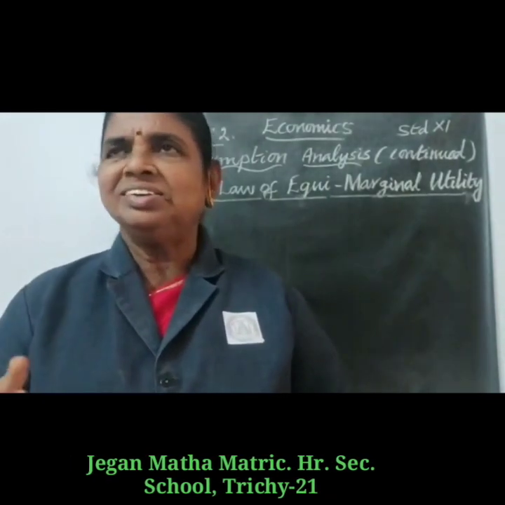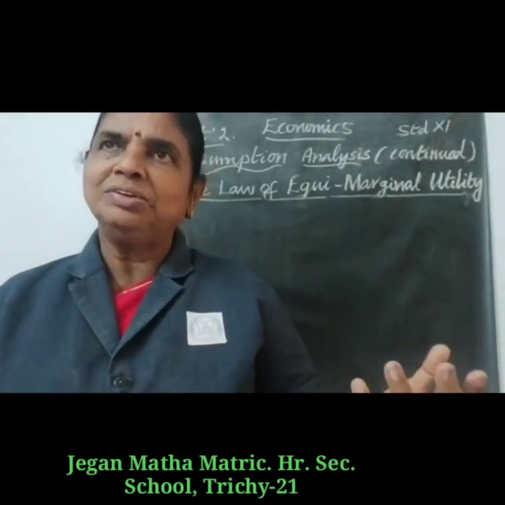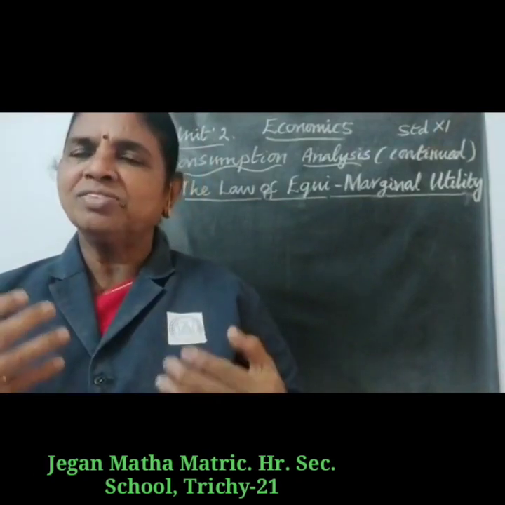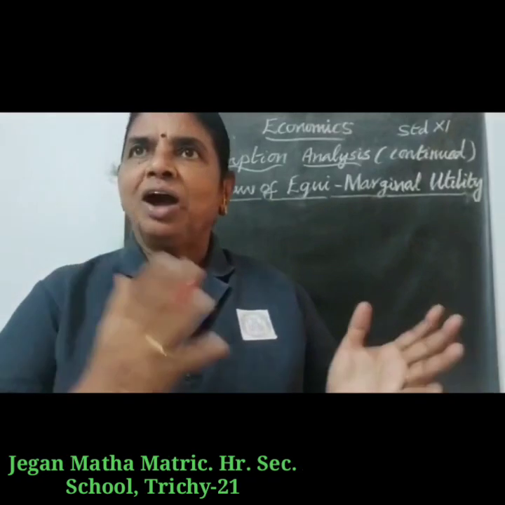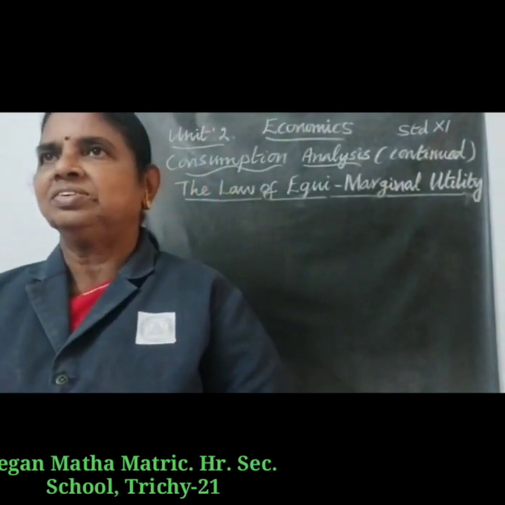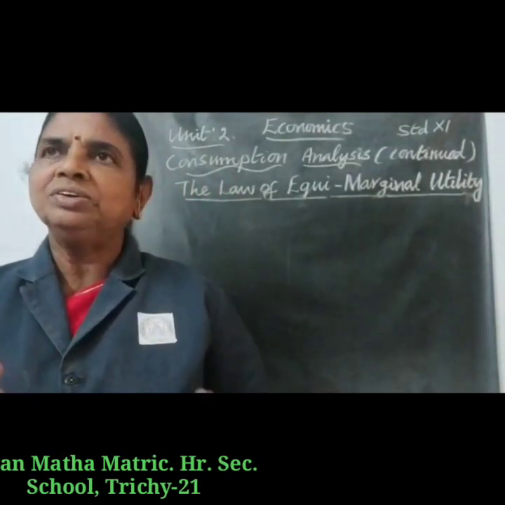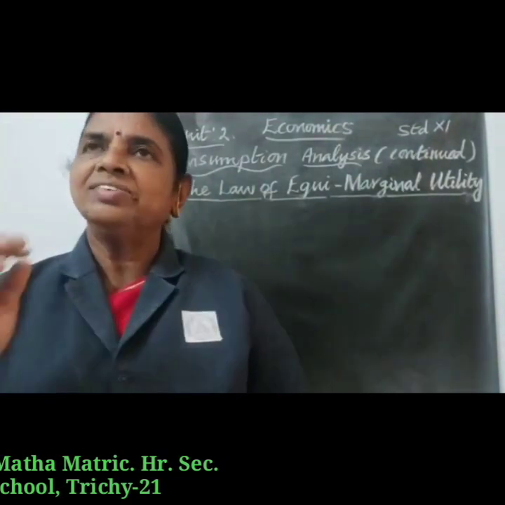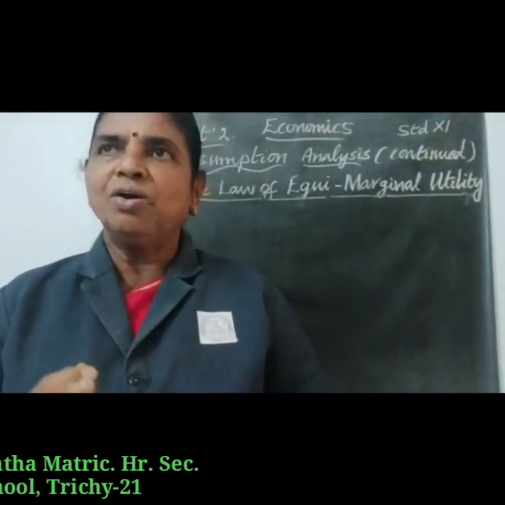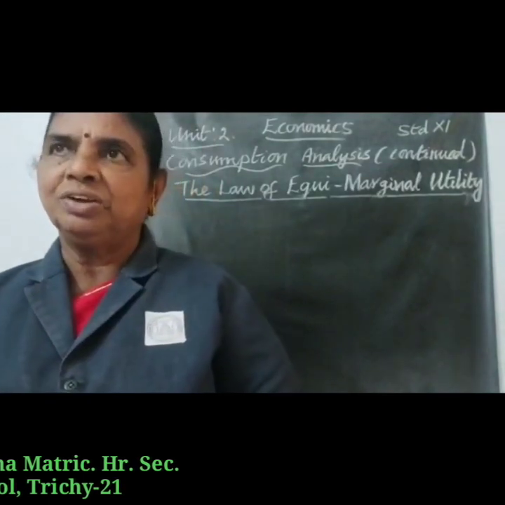But in reality, wants are unlimited and these wants are to be satisfied. Hence, to analyze such a situation, the law of diminishing marginal utility is extended and is called the law of equi-marginal utility.